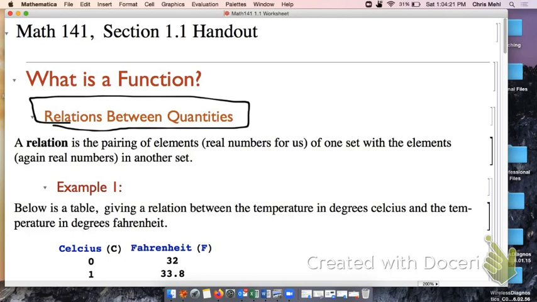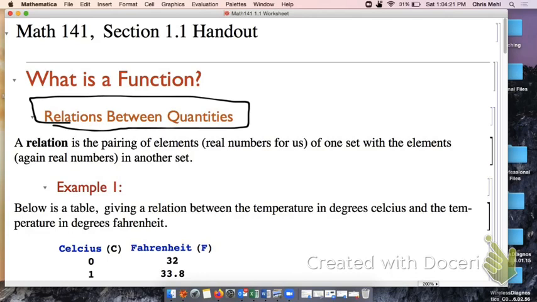And a relation is, I guess, a less strict restriction than a function. Well, we'll see what a function is in just a second, but you can't talk about what a function is without talking about what a relation is.